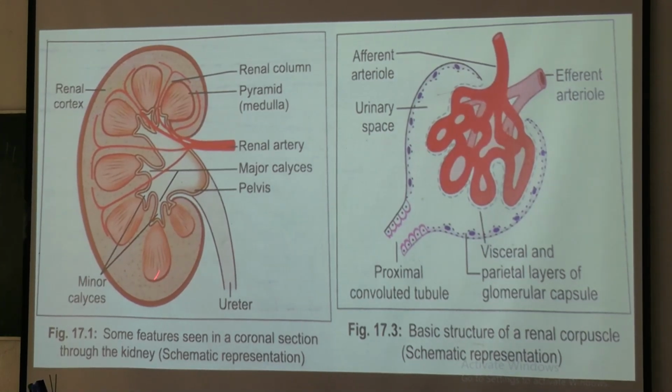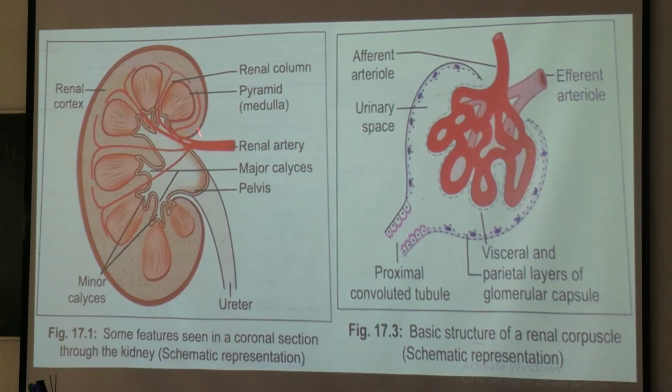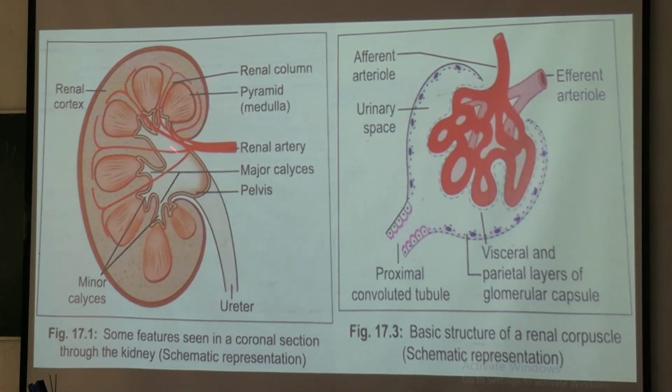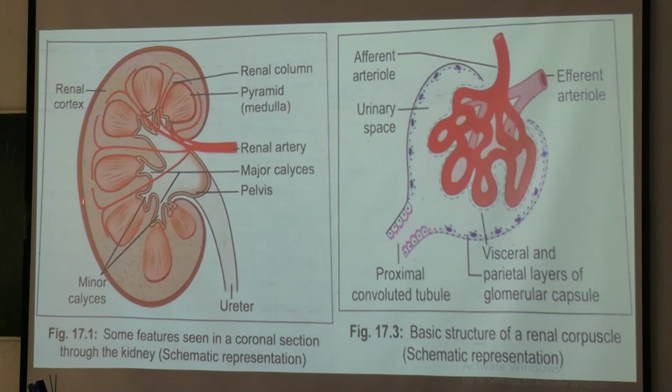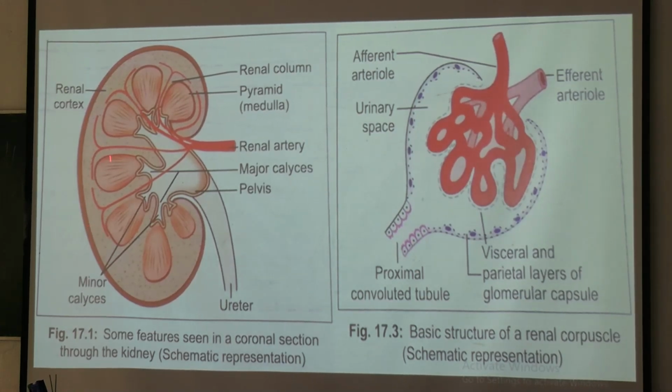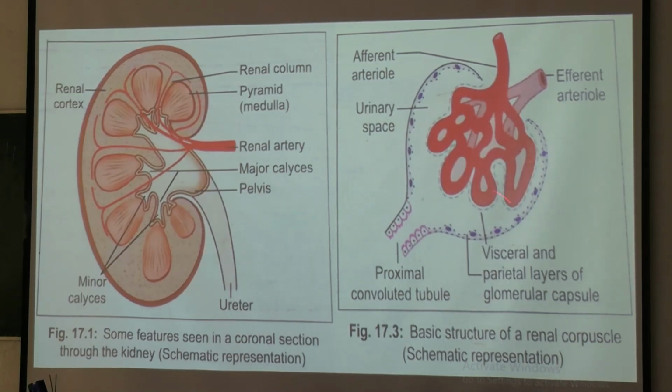See here, in this section of the kidney the renal artery is dividing into lobar arteries. Lobar arteries again divide into interlobar arteries, and interlobar arteries bifurcate over the base of the pyramid as arcuate arteries. Okay, the glomerular plexus is shown here.